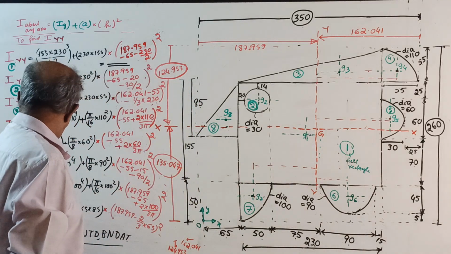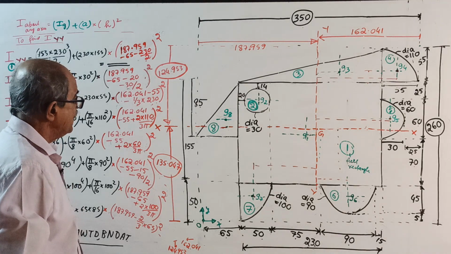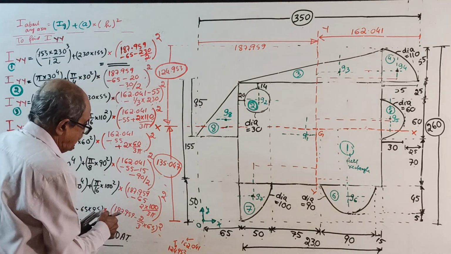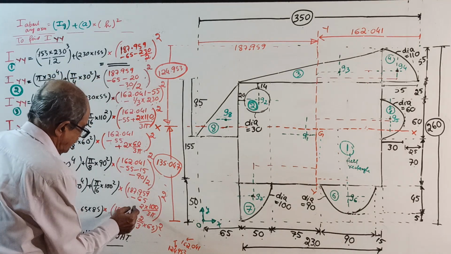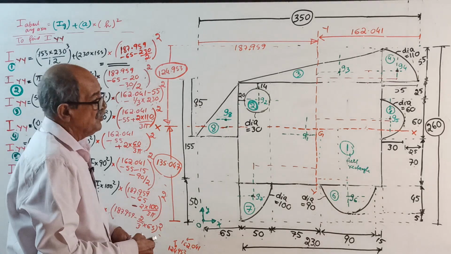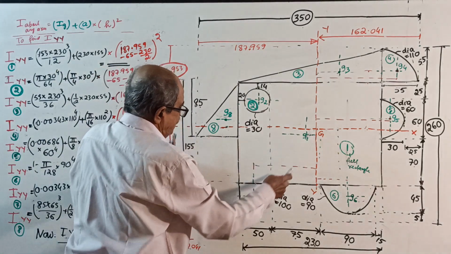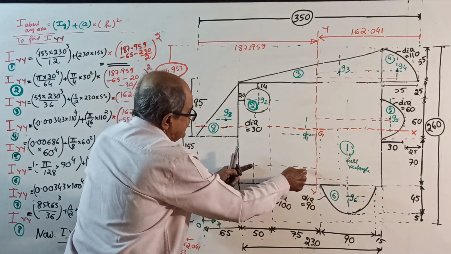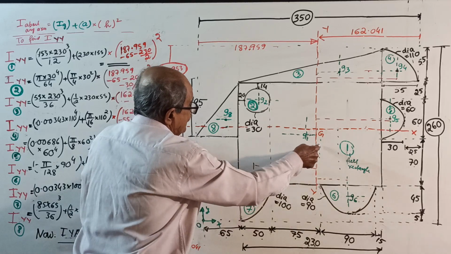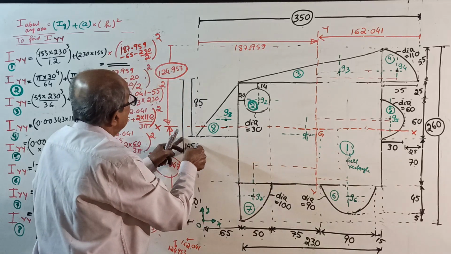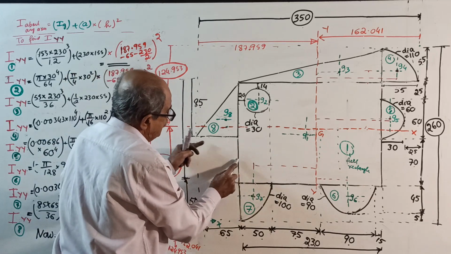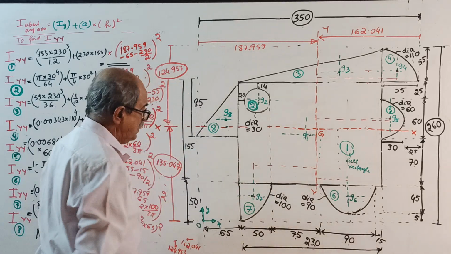Plus sign in the seventh? The seventh is not plus, it is minus actually. I don't know why I wrote it. Oh, it is minus. Okay, by mistake I put plus. We want from centroid G7 to YY, this distance square; this distance is how much? 187.959 minus 65 minus 2d by 3 pi.